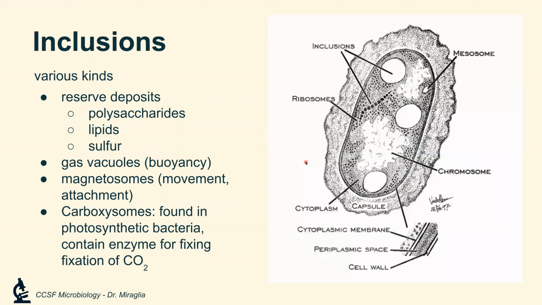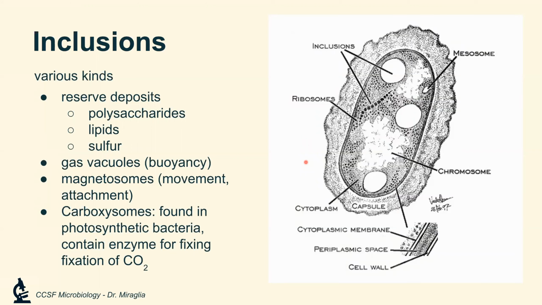There are a variety of different kinds of inclusions in bacterial cells. They basically function in different ways. Some of them are reserves. They can hold polysaccharides. They might contain lipids or sulfur. In some bacteria, they actually contain gas, and they can allow the bacteria to control how buoyant they are in a solution, if these bacteria are living in a pond, for example.